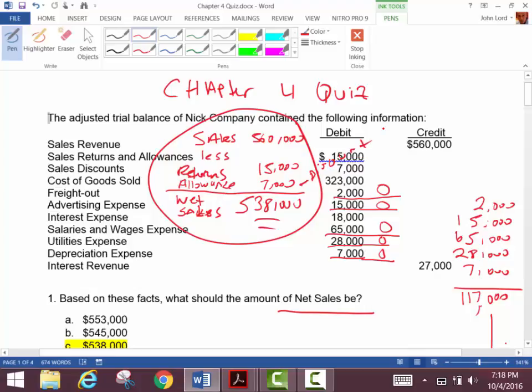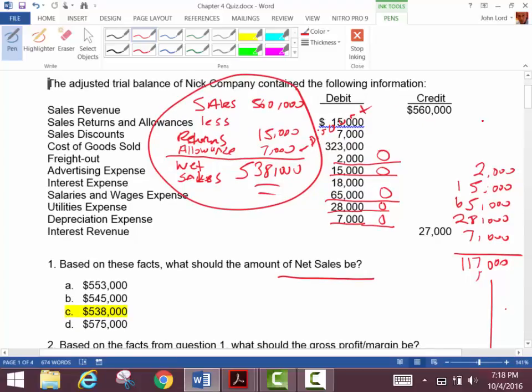Minus the discount gives me my net sales of 538,000 for this problem. Sales minus the returns minus the discounts gives me my net sales, right?